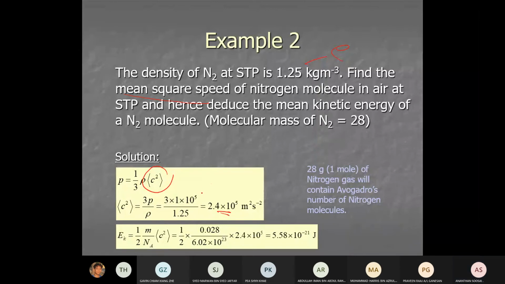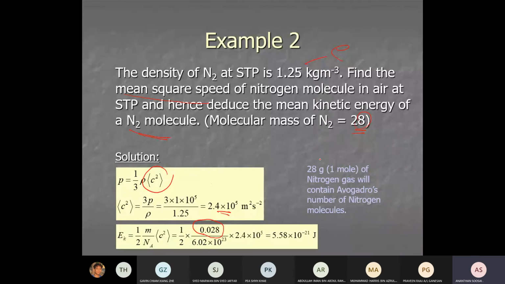Okay. Then if you know the mean square speed, we can work out the kinetic energy. Kinetic energy is 1/2 mc squared. But m must be the mass of one particle. They want which energy? Oh, they want the mean kinetic energy of a molecule. So one molecule. From your chemistry knowledge, the molecular mass is 28 gram.